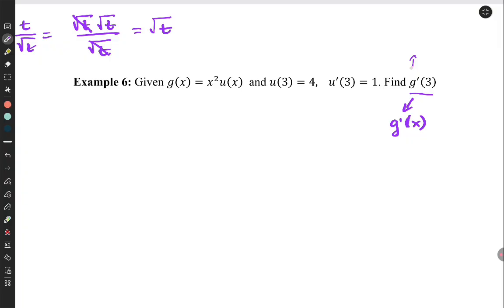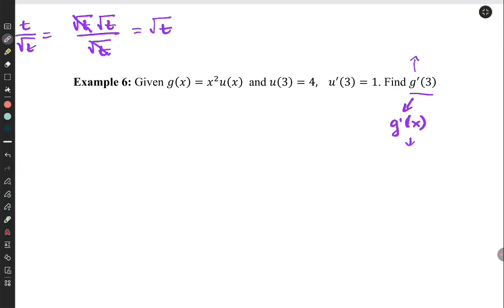Generally, g prime of x is a function, while g prime of 3 gives you a value, a number, a constant.